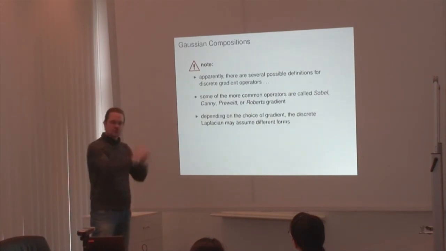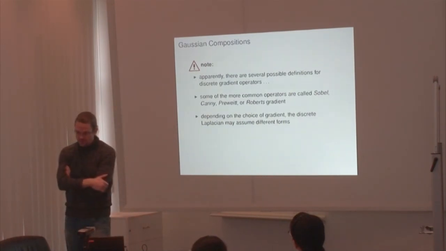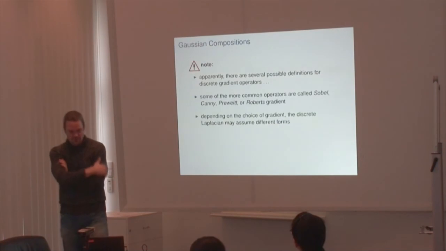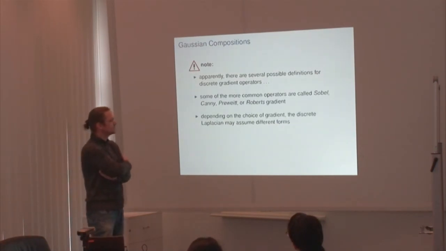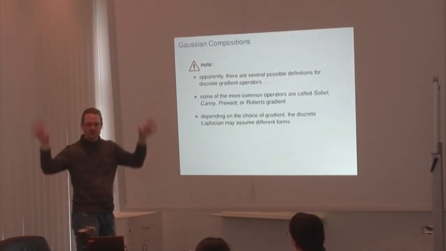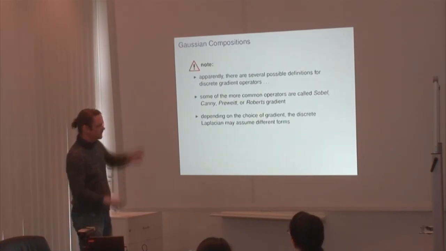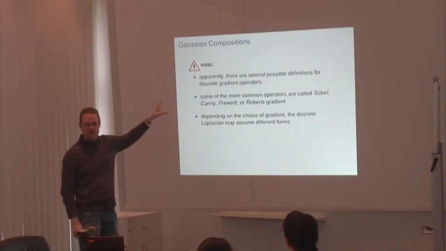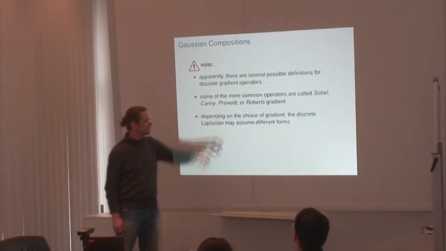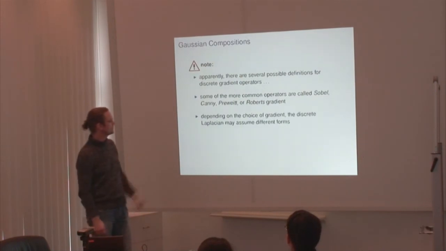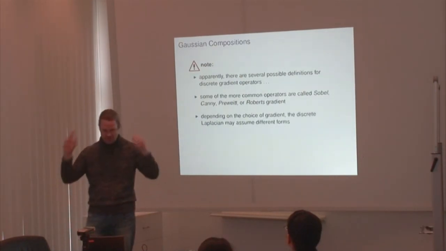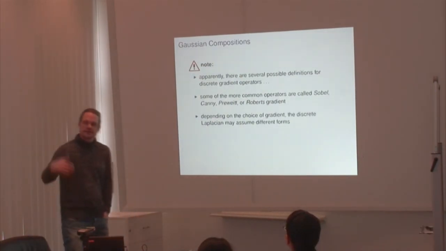And all this goes to show what I told you at the very beginning of our series on image processing, that there are so many different ways as to how we can compute derivatives of images. We have seen other ways. I announced them earlier: the Sobel, Canny, Prewitt, Roberts gradient, and so on. So many different things.